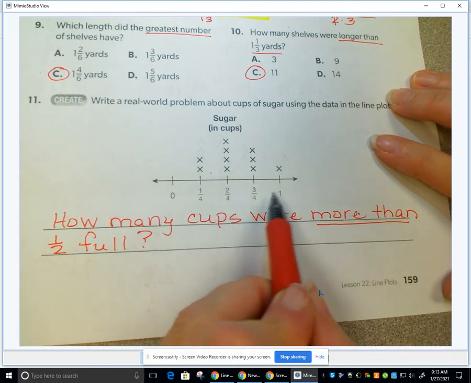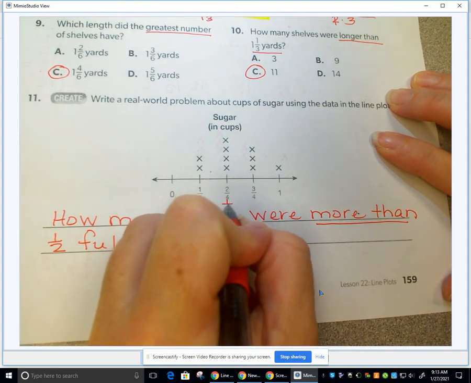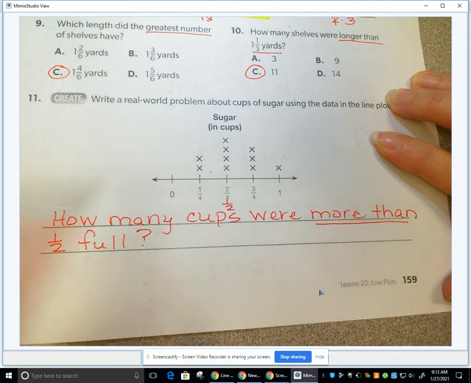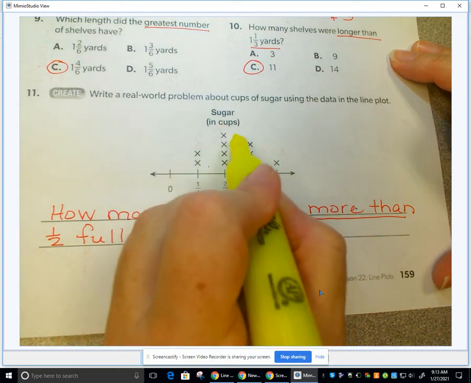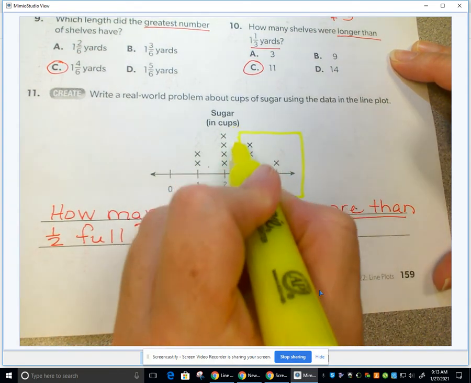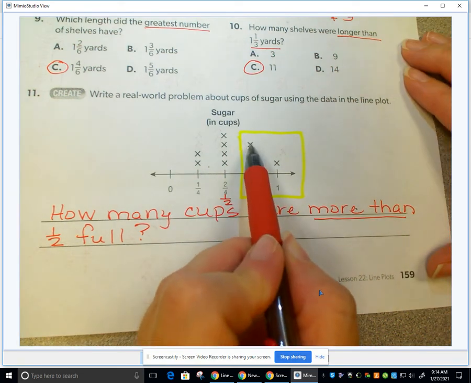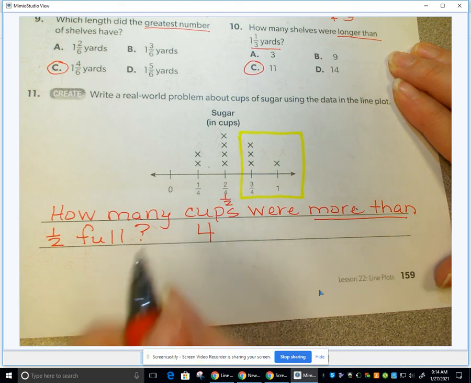So I've got to look down here. Which one of these is equivalent to a half? That's right, 2/4. So more than, I want everything after this one. So if you look, after this one would be all of these. How many X's are after the 1/2? 1, 2, 3, 4. So the answer would be 4.